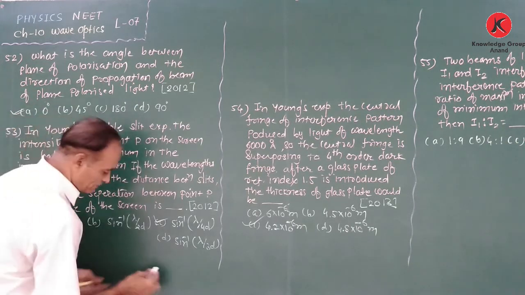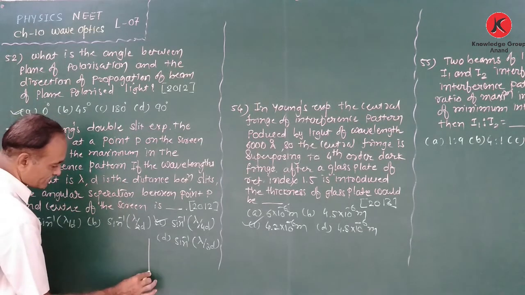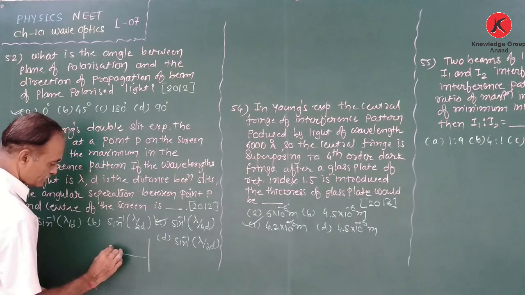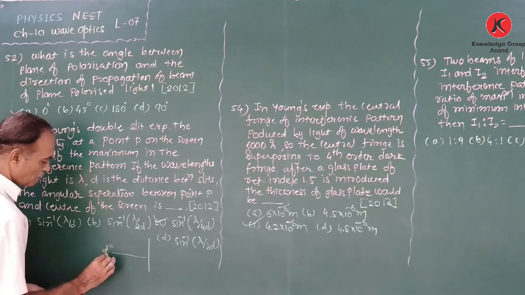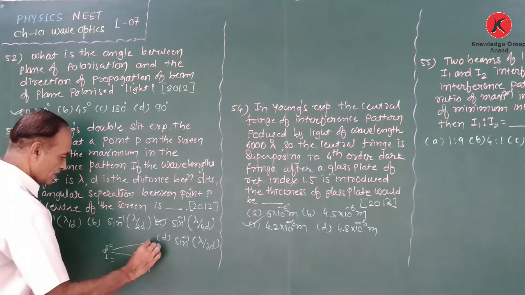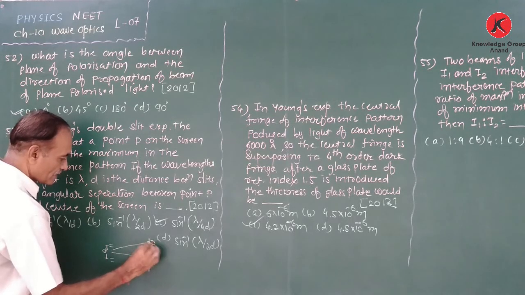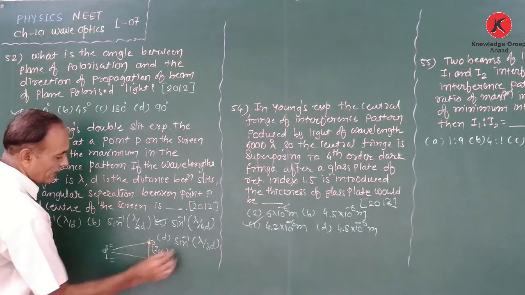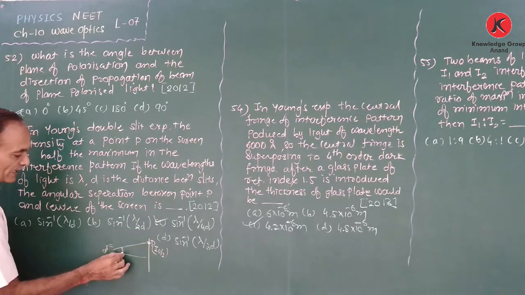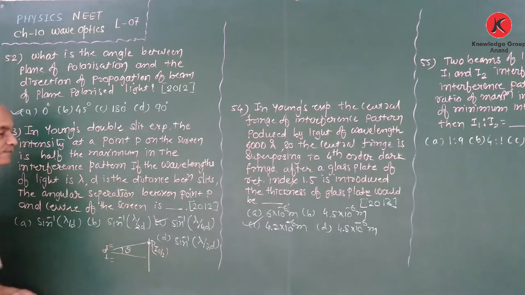In Young's double slit experiment, these are the two slits, the separation is given as small d. At point P the intensity is I0 by 2. We have to find this angle of separation.